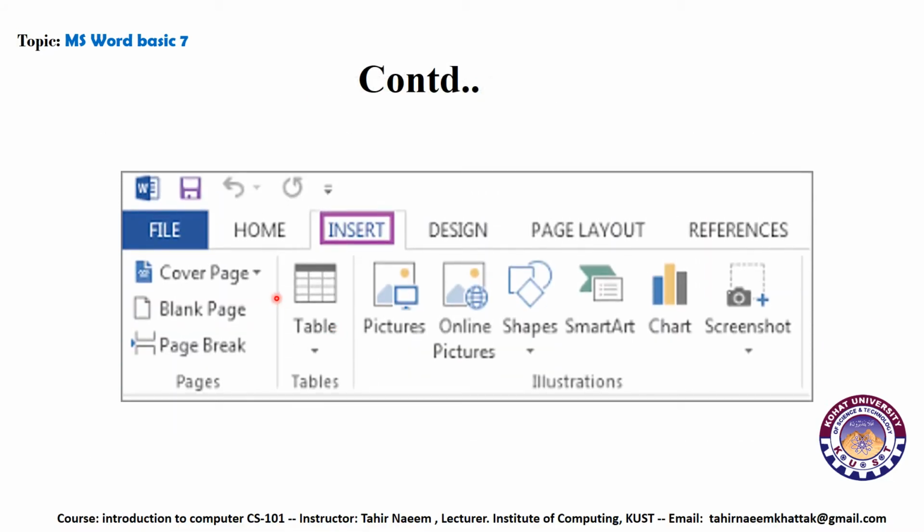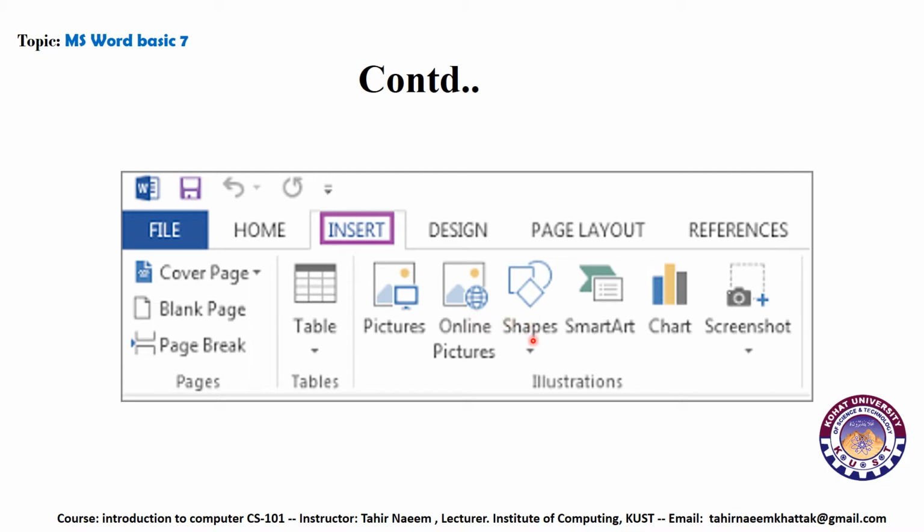Here is the illustration group I discussed previously. We insert pictures and online pictures. Here we can search online from inside the Word file and insert directly into our Word document.